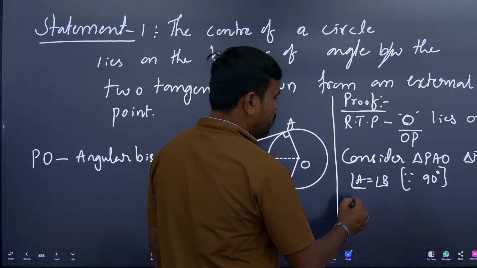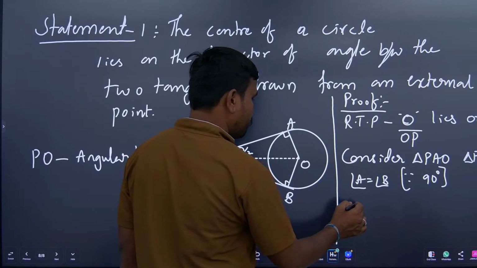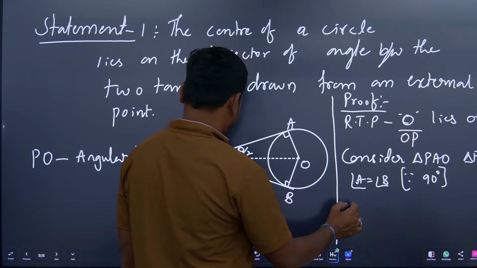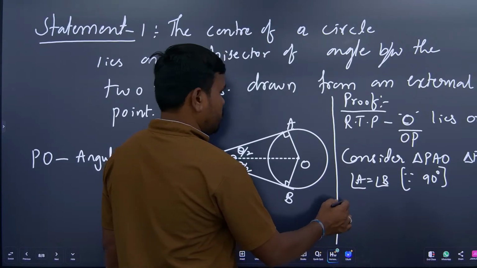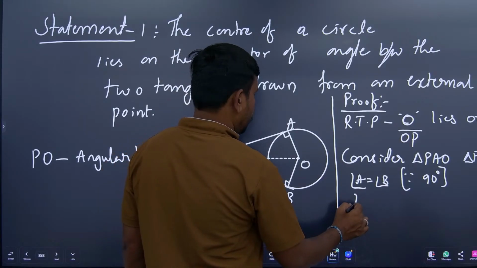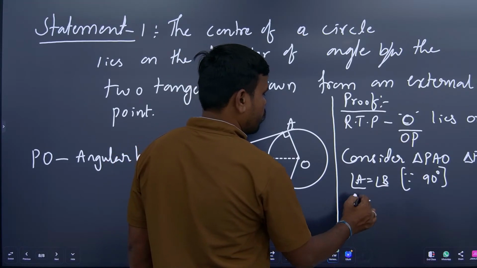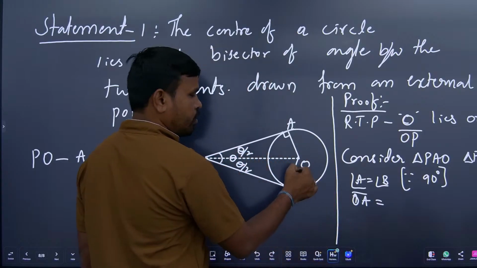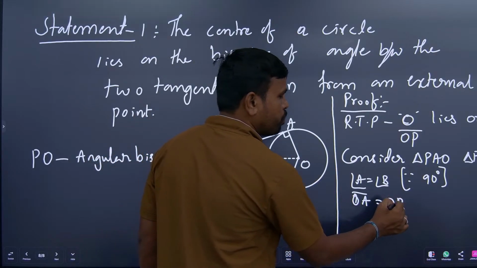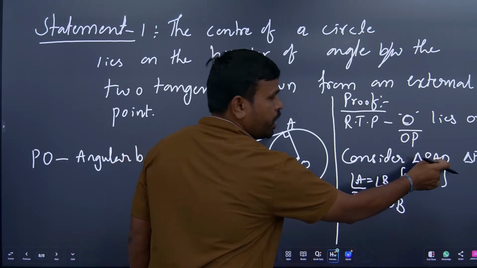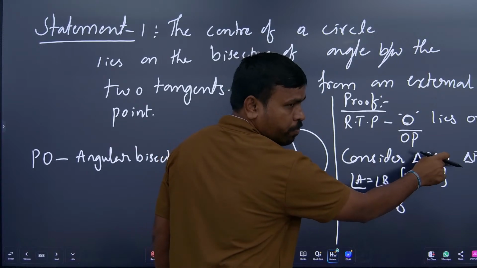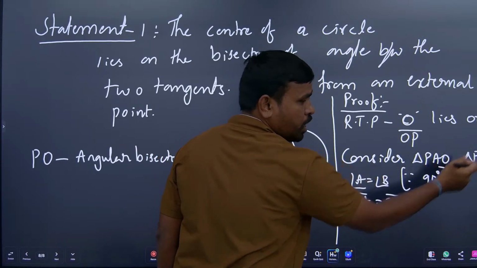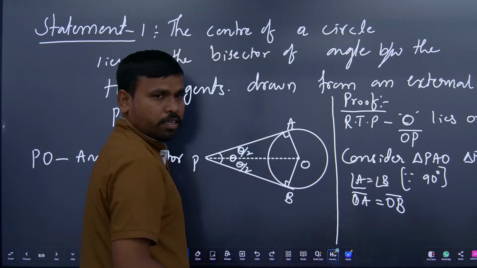Okay. And OA is equal to OB. OA of triangle PAO, OB of triangle PBO, both are equal.